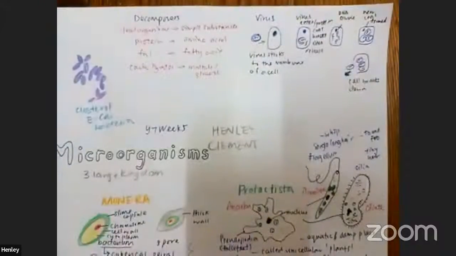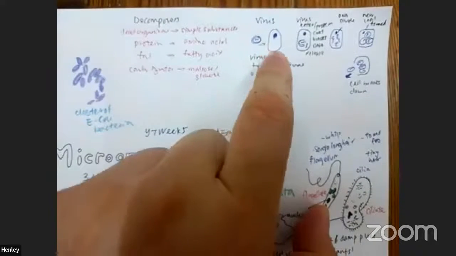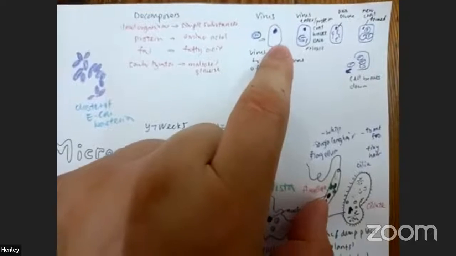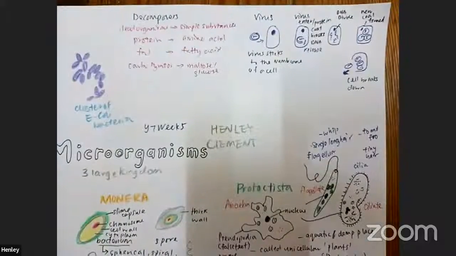When they are placed on a living tissue, they come close to the living tissue. This is a living cell. They enter the living cell and reproduce. So they destroy the cell in the process, which may cause diseases.